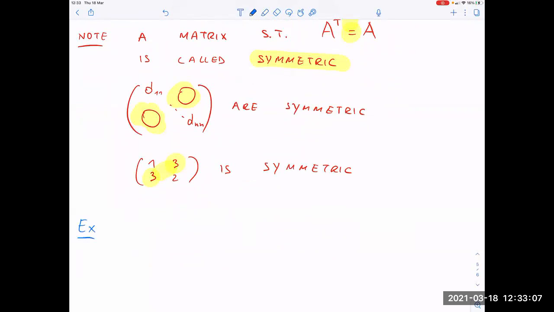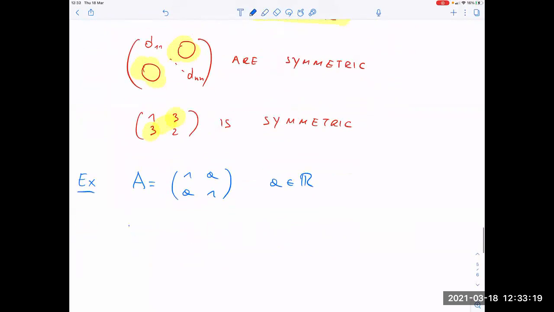Okay, now something very simple. Let's take a matrix A like this, where a is a real number, and then we ask two things. Compute all a such that A is invertible.